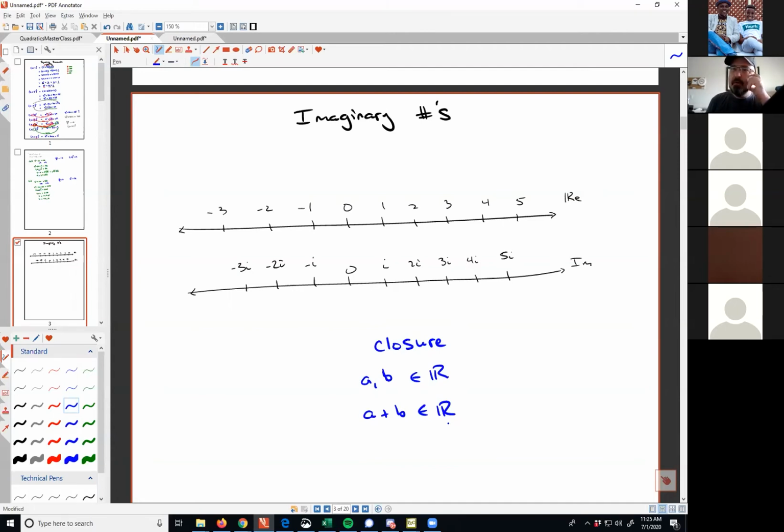I think i times i would give you -1, which is real, not imaginary. Yeah, that's our simplest counterexample. i times i is -1, which is real, not imaginary. So the imaginary numbers are not closed under multiplication. They're also not closed under division.